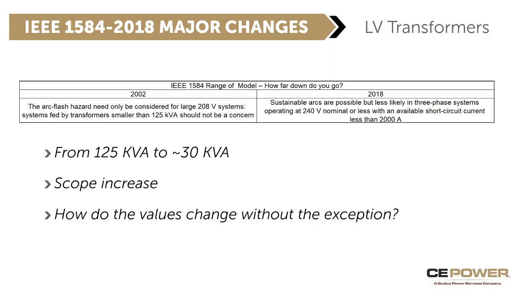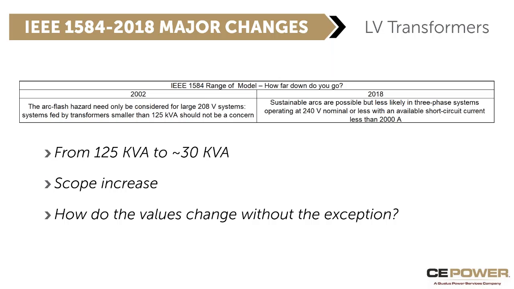So there's a good chance that with 15 kVA transformers, you're really not going to be able to get a fault current out of those transformers greater than 2000 amps. So it looks like those probably still don't need to be considered. 30 kVA, it depends. A lot of times it won't be a concern, sometimes it will be.